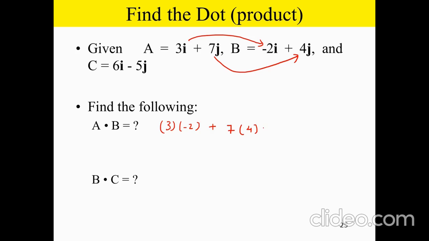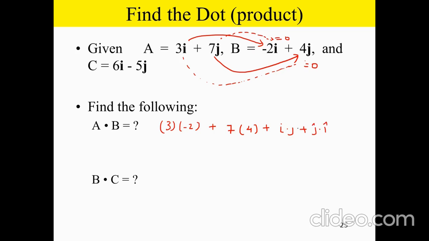The other terms are the cross multiplication of i dot j, these terms right here. So you have i times this number here, and that will be 0, and then you have j dot i, and this will also result in 0, right?